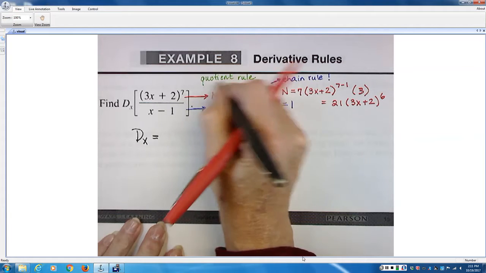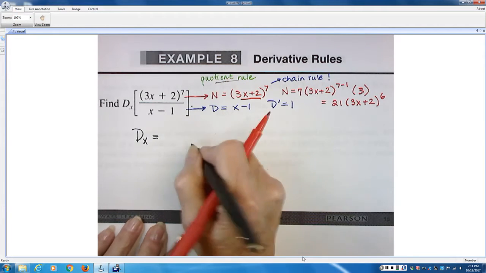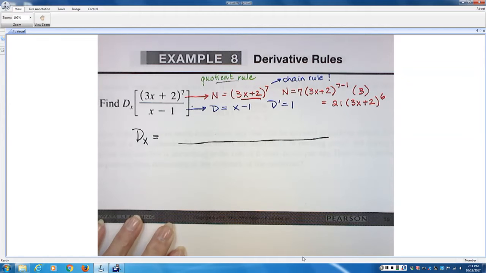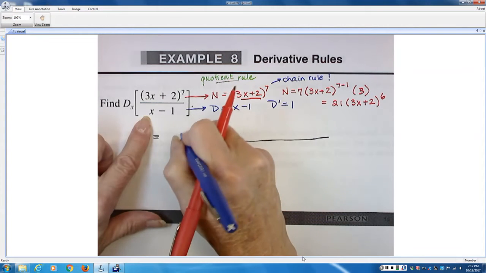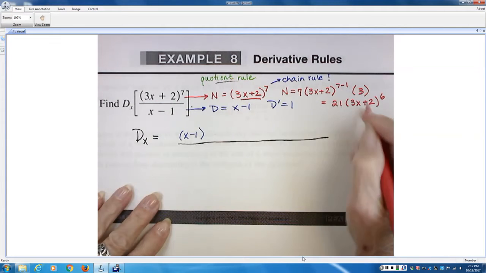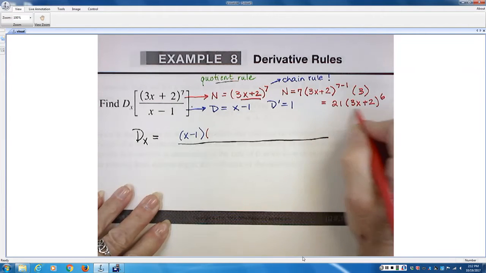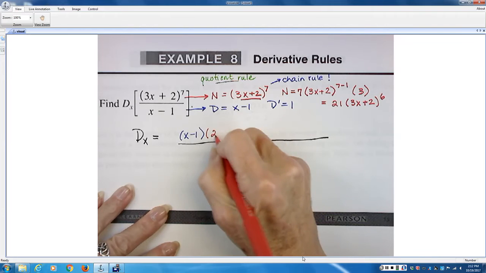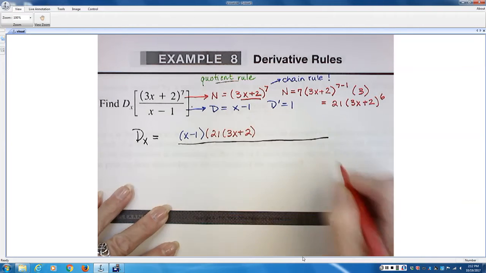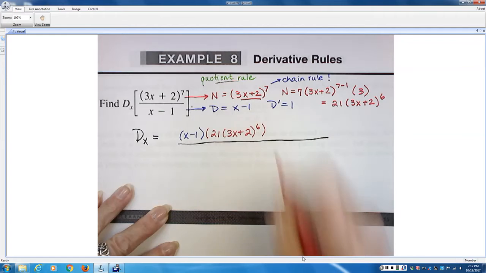So now we're ready to do the quotient rule. And we know the quotient rule begins and ends with a quotient. We start off in the denominator with x minus 1 times the derivative of the numerator, which is 21 times 3x plus 2 raised to the sixth power.